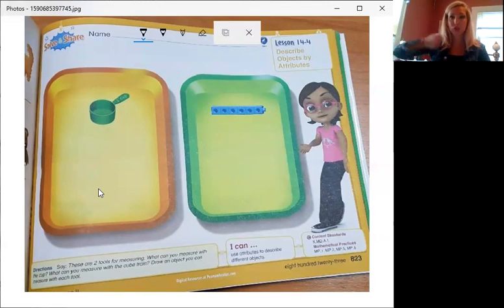Sure, you can scoop it into the measuring cup. And if you were baking a cake, what are some ingredients we use to bake a cake? You could put some flour in the cup. Okay. All right, so many things can go inside our measuring cup.